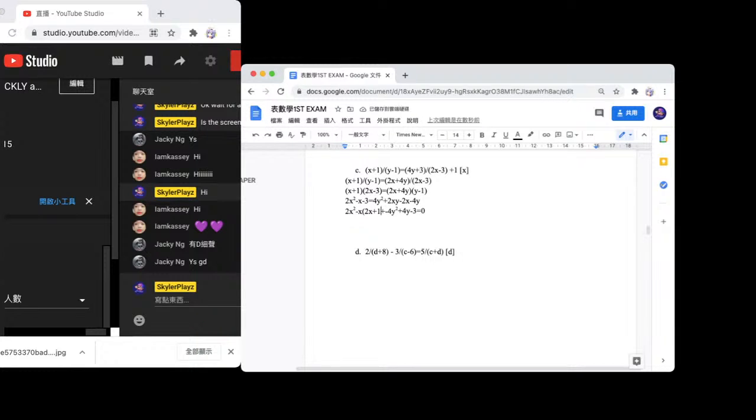Oh, is that 2x plus 1? Let me see. I need to confirm. Oh, 2x minus 1. And here we need to use a special formula called the quadratic formula. And therefore, x will equal minus negative b, which is b. In b, 2x minus 1 here.